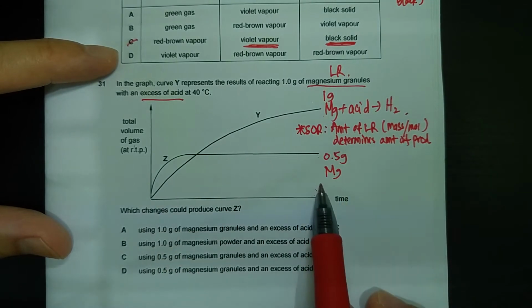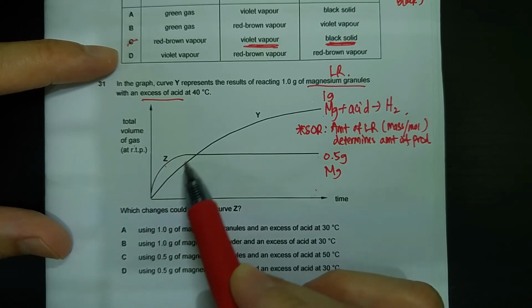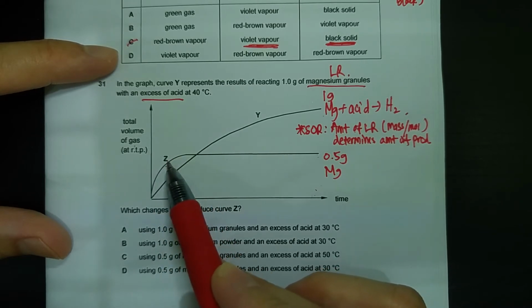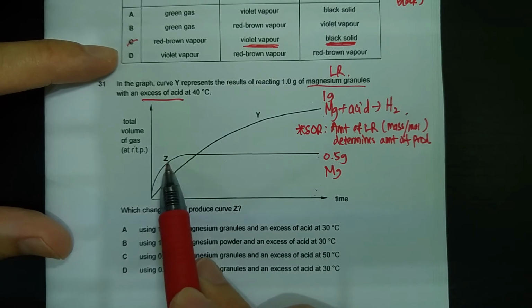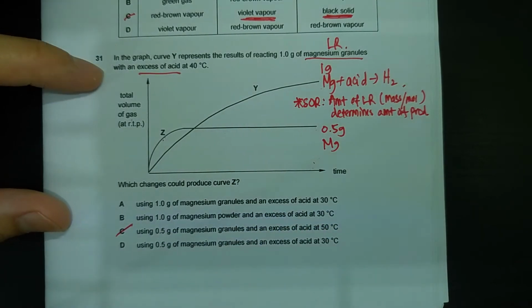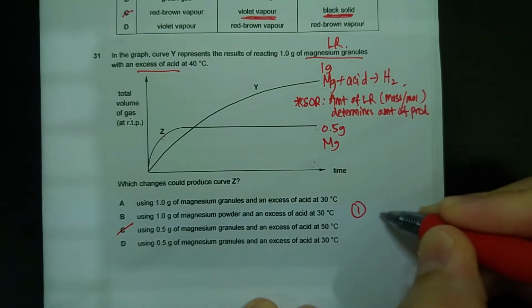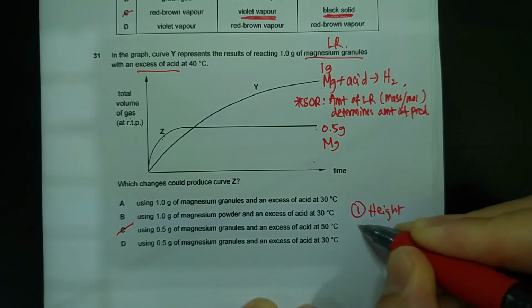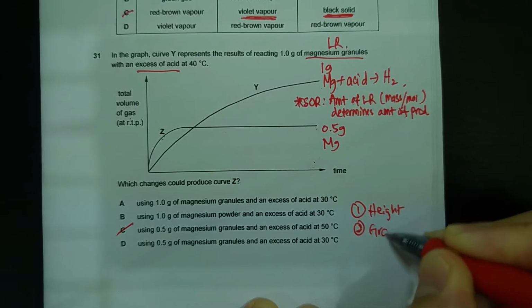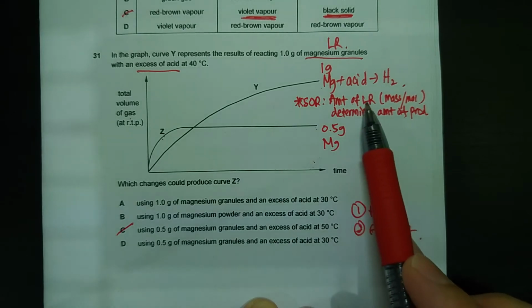So this would be the height, number 1. Number 2, the gradient. Which gradient is steeper? This gradient is steeper, which means that the temperature is higher or the concentration is higher. So if you look at it, 40 degrees Celsius now must be 50, and then 0.5 gram. The answer is C. So remember, look at two things: the height of the graph as well as the gradient of the graph. The height of the graph is determined by the amount of limiting reactant.